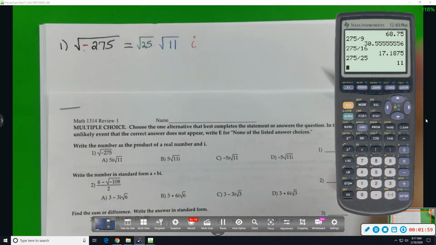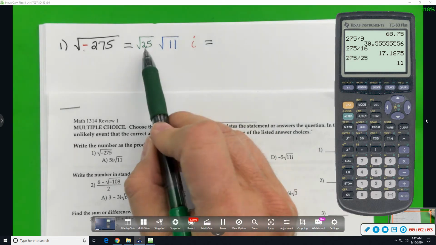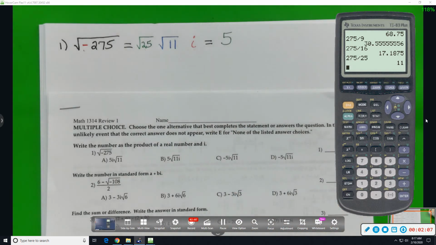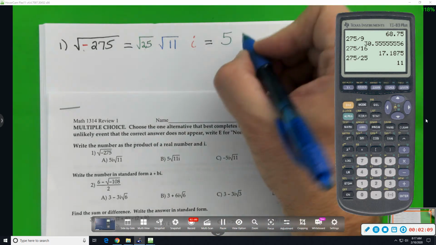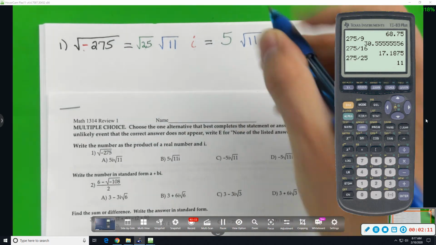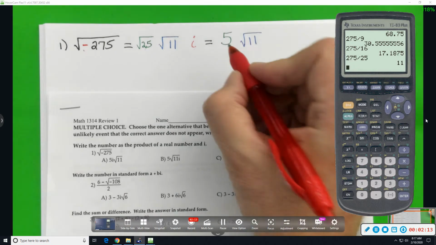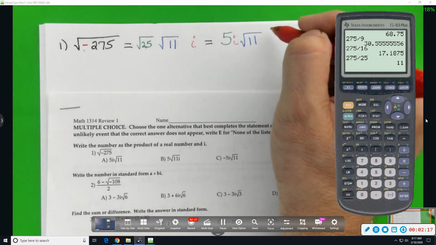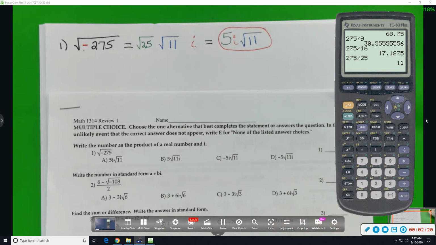And then, which one of those square roots can I simplify? The green one? Yeah, the square root of 25 I can write as a 5. And I can't do anything with that square root of 11, but it's customary to put the I between the number and the square root. So 5i square root of 11.